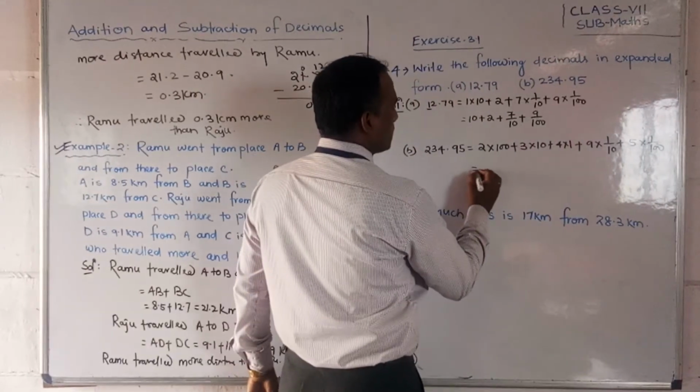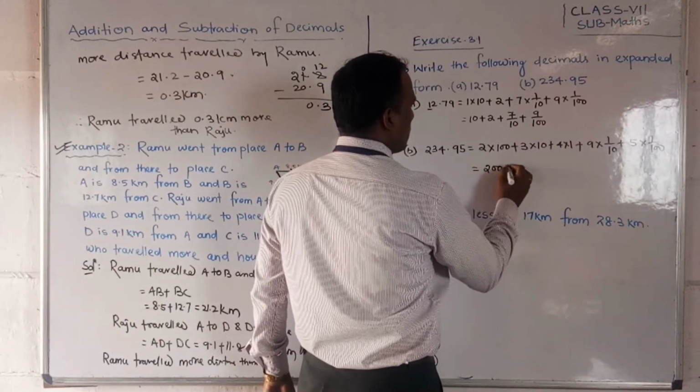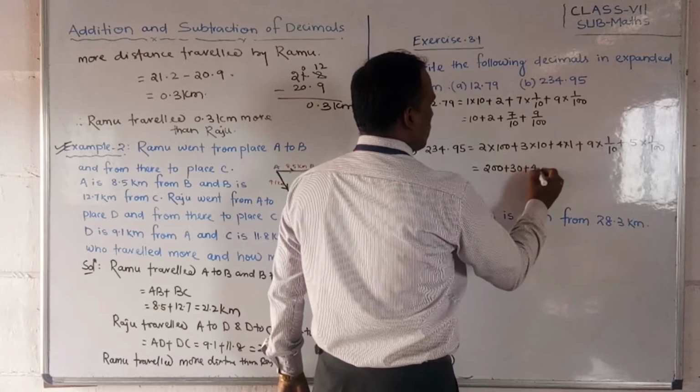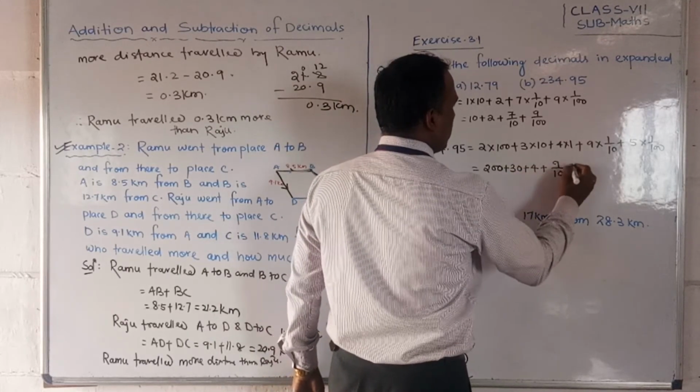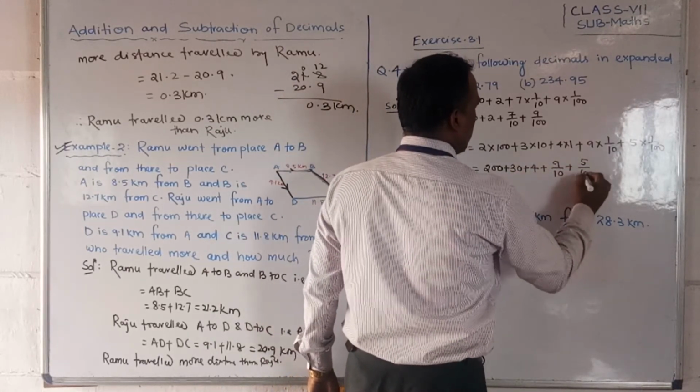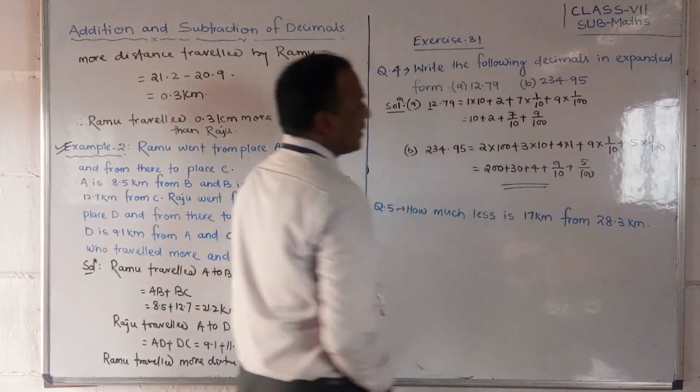So now what do we get? 200 plus 30 plus 4 plus 9 by 10 plus 5 by 100. This is our expanded form.